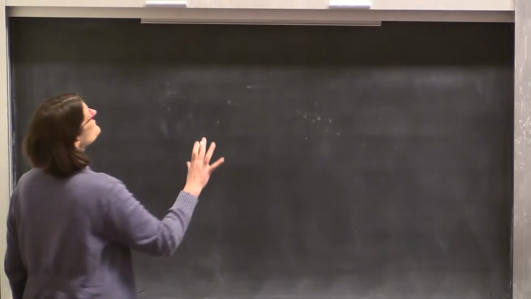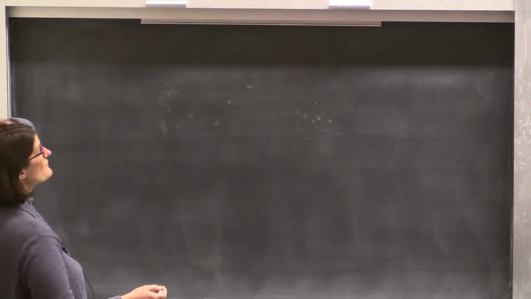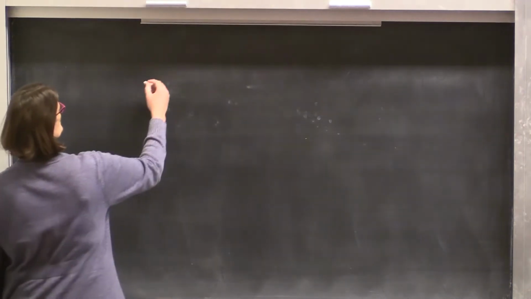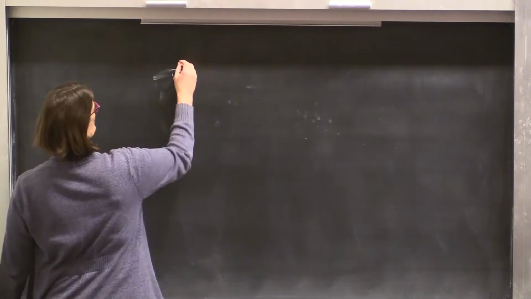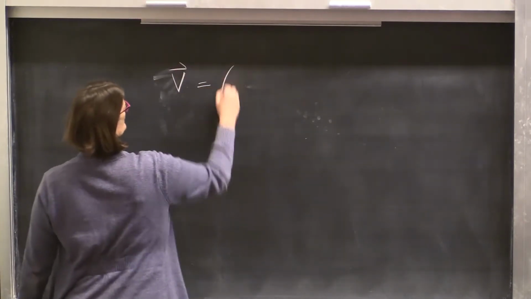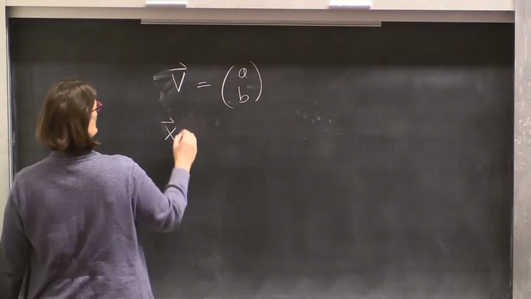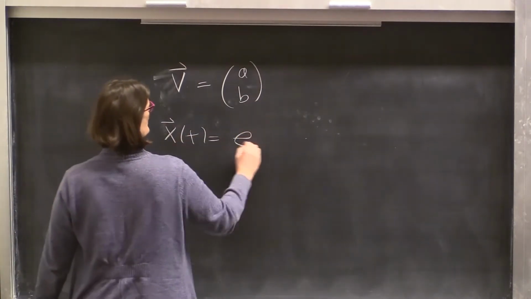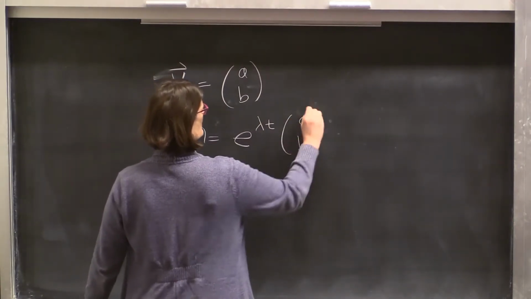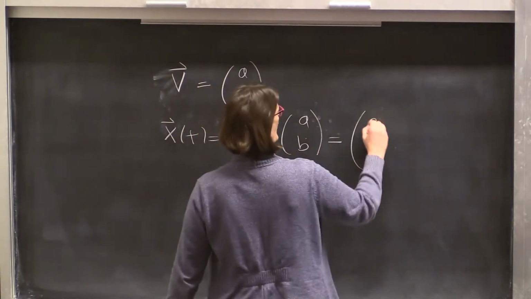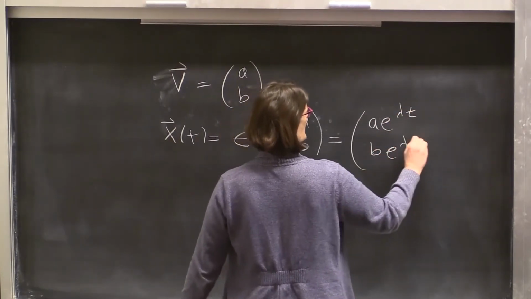I'm going to do this just for a 2-by-2 case so that you don't get confused by vectors. We have v of the form (a, b). x of t is e^(lambda t) times (a, b), which is (a e^(lambda t), b e^(lambda t)).